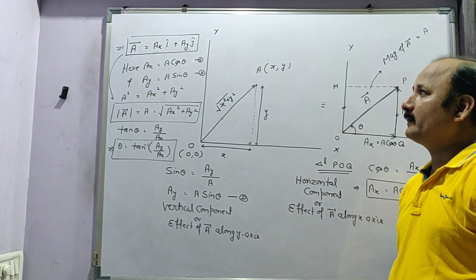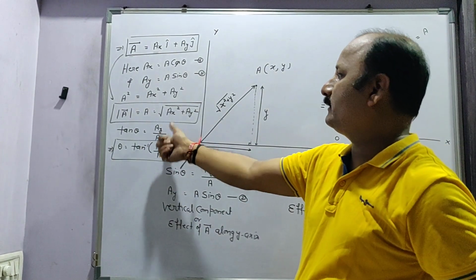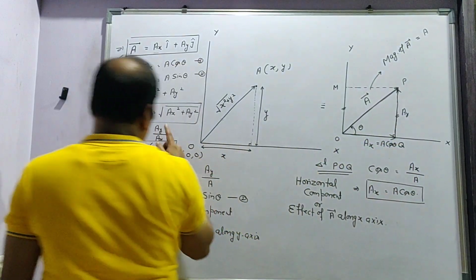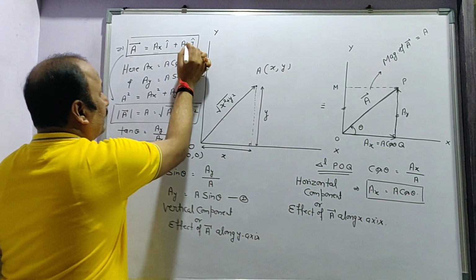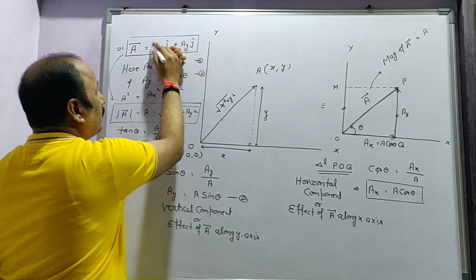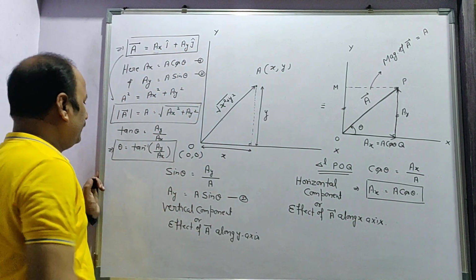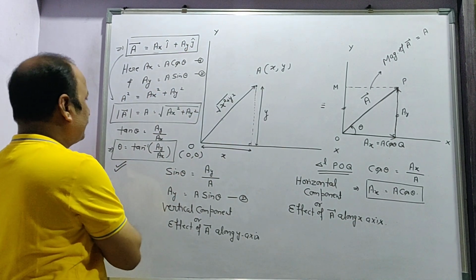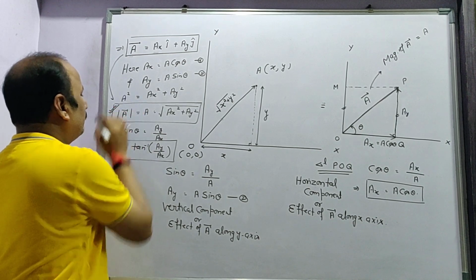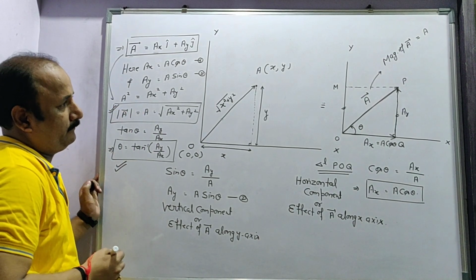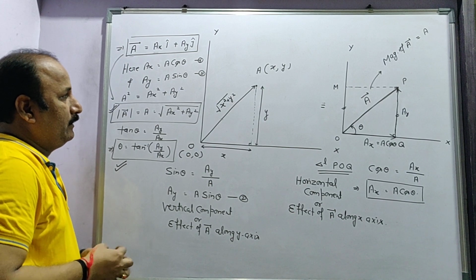And the direction of the vector with respect to x-axis is tan theta, which is Ay, the vertical component, upon the horizontal component. So this is the angle, the direction of vector A, and this is the magnitude of vector A. Clear?